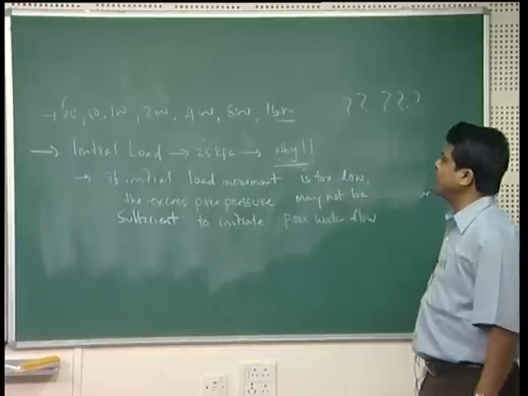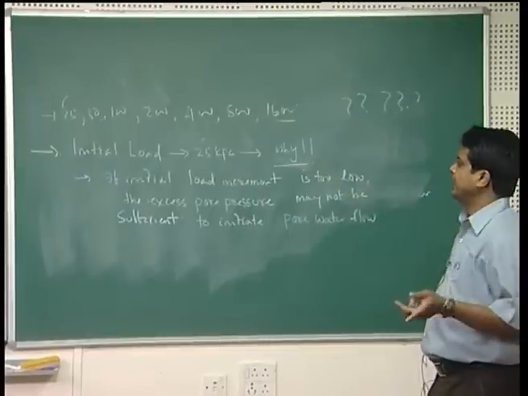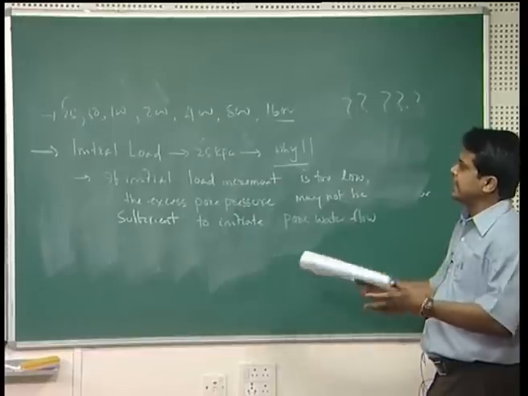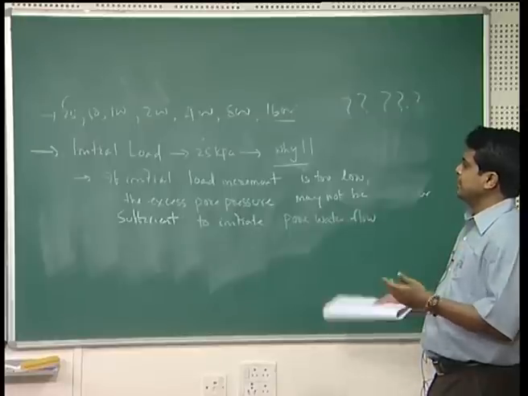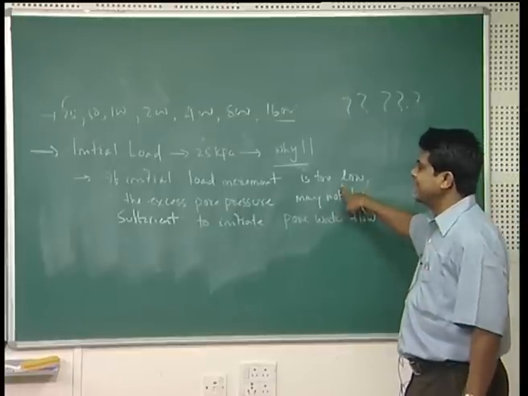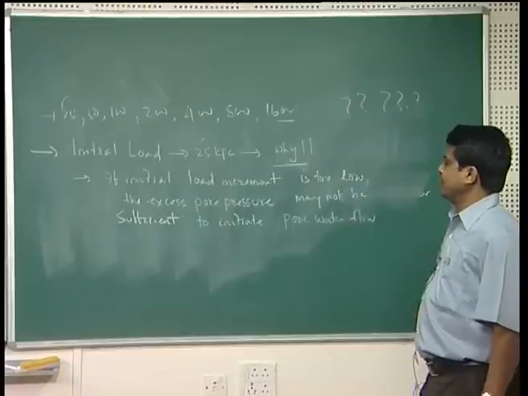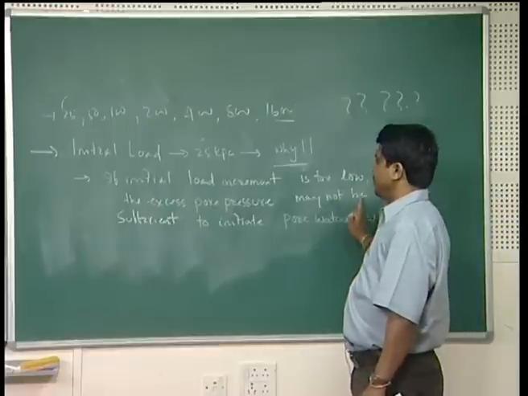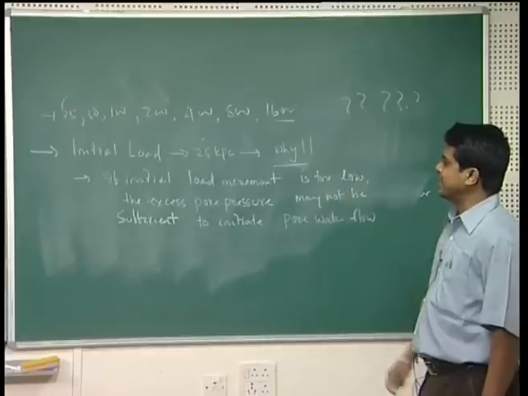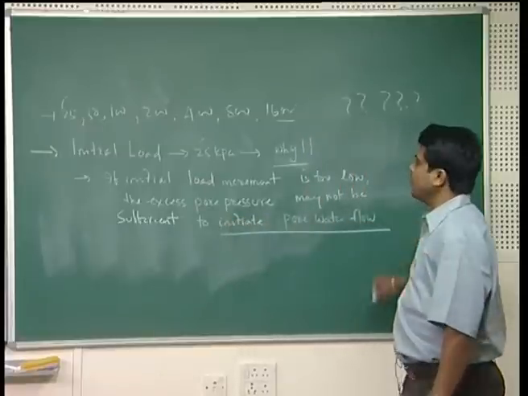Why is this initial load 25 kPa, why not 10, 5, 15 or 30? In general it is standardized. If the initial load increment is too low, say 10 instead of 25, then the excess pore water pressure generated may not be sufficient to initiate pore water flow.